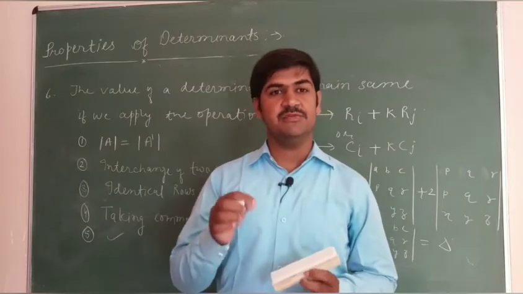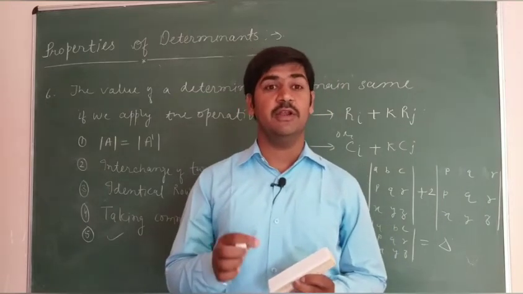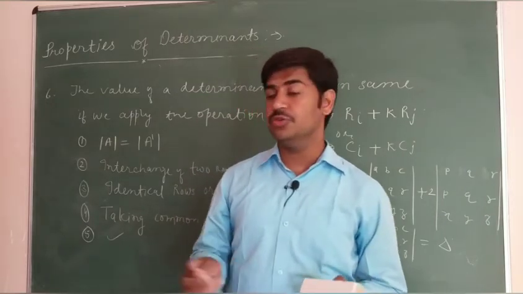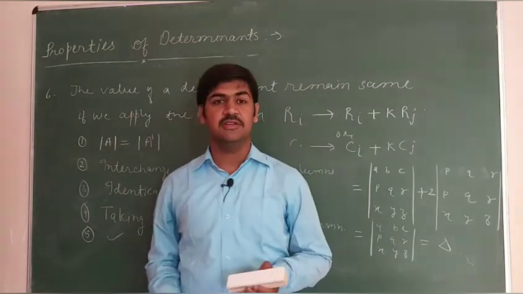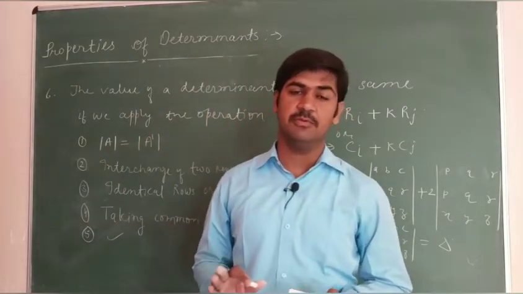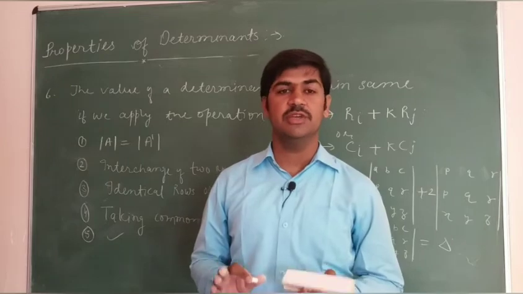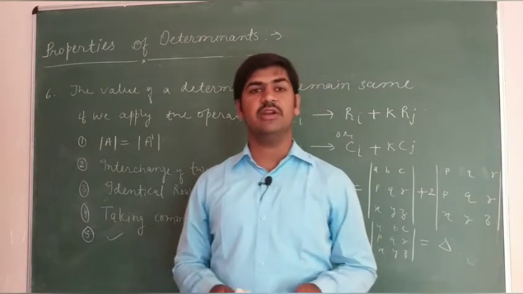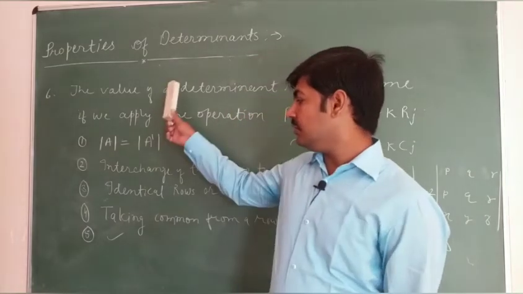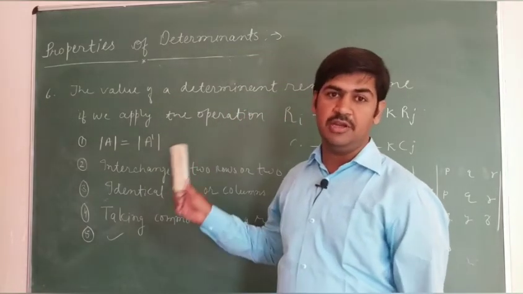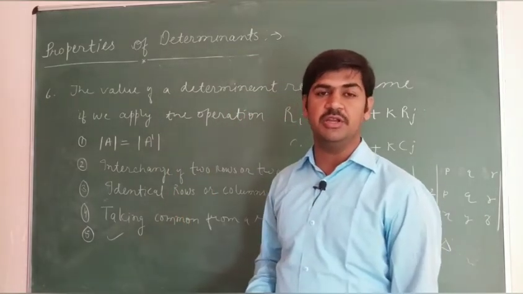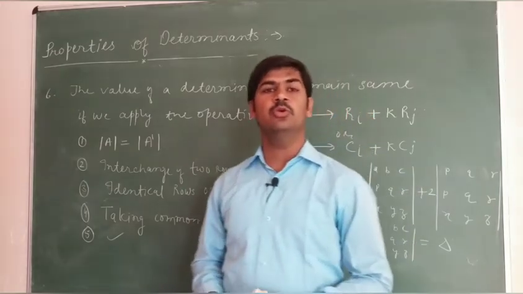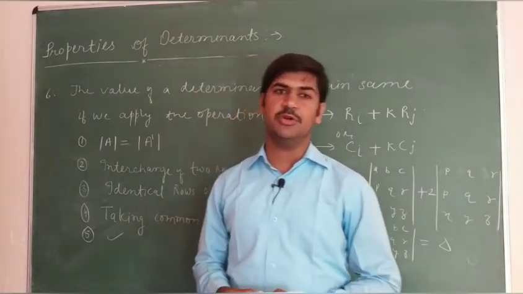Since it becomes very easy to find the value of a large determinant using these particular properties, therefore these properties are very important, and in exam also we get the questions based on these properties. So your work right now is to keep all the 6 properties in your mind, and if you keep all the 6 properties in your mind, it is easy for you to apply these properties on a determinant.